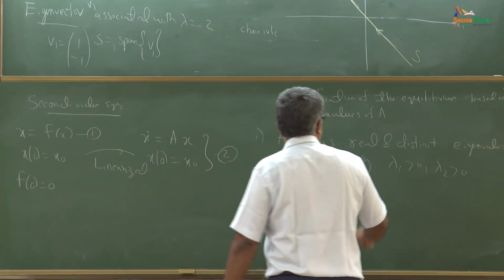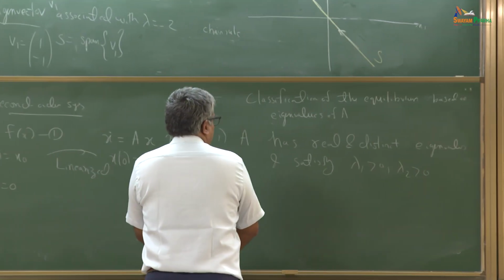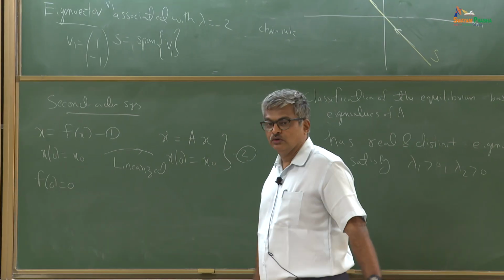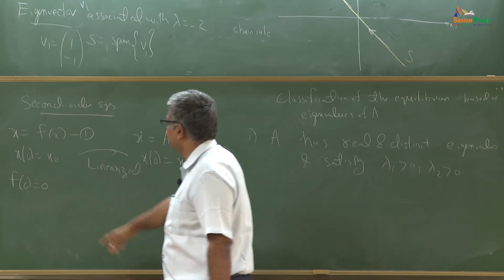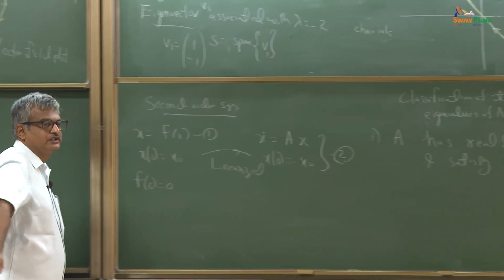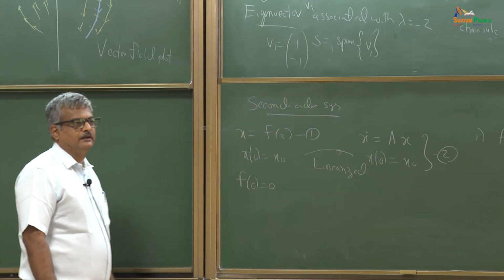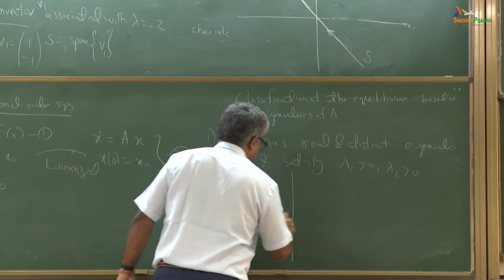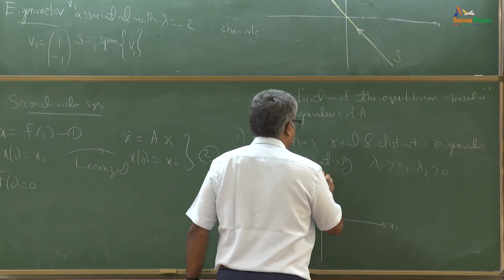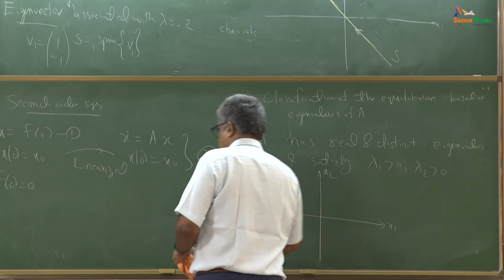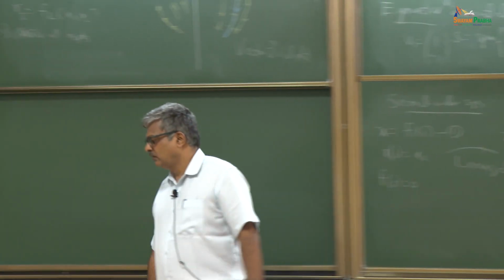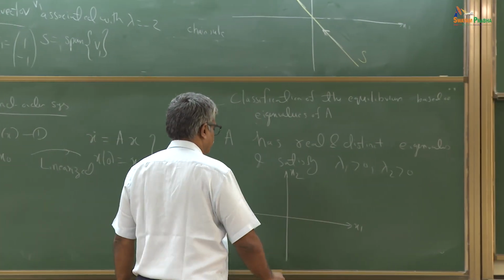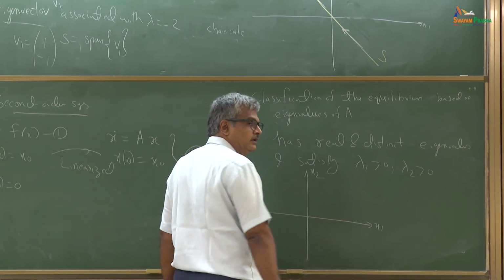So if I have this, then how does the phase portrait look in the vicinity of that equilibrium point, which is the origin, right? So it looks like this. So you have positive eigenvalues, right? And this is your equilibrium point.